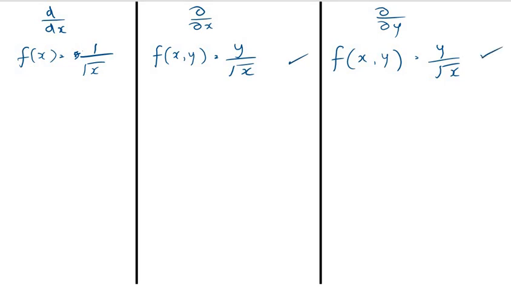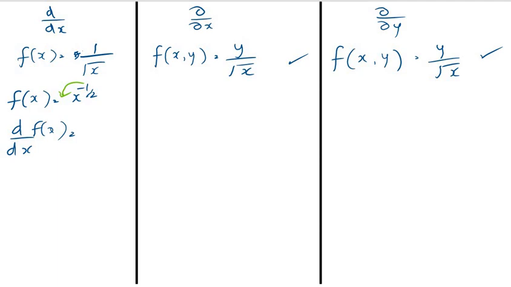So let's differentiate this with respect to x. Before we do that, let's write the function f(x) as x to the power minus half. Now, when we differentiate d over dx of f(x), a single variable function, we use the power rule, multiply by the power and subtract 1 from the power.